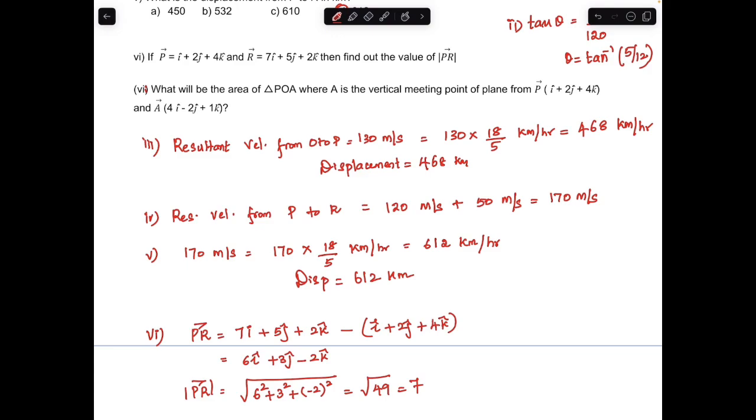Subdivision 7. What will be the area of triangle POA, where A is the vertical meeting point of the plane from P and A is given by this vector?